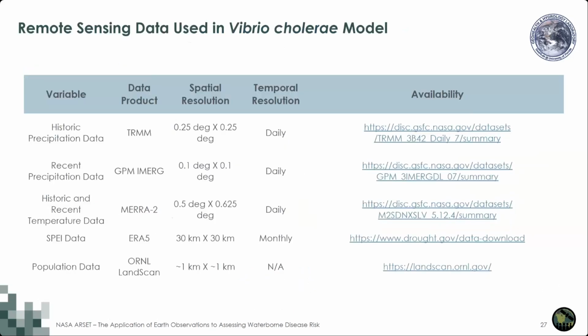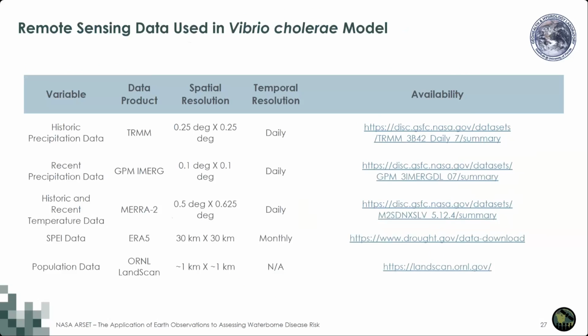So these are the data products that we currently use in our cholera model. For historic precipitation data, we typically use the TRIM data sets. For recent precipitation data, we use GPM iMerge data sets. For both historic and recent temperature data, we use the MERIT-2 data sets.